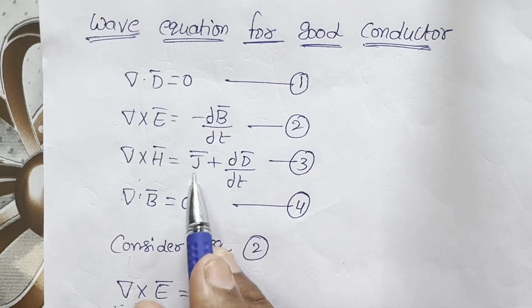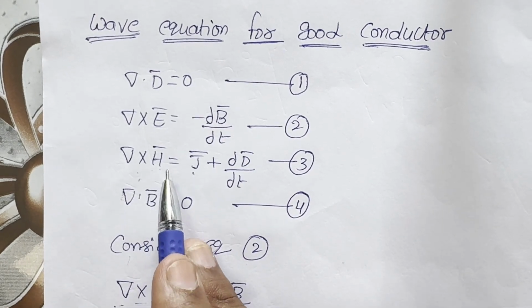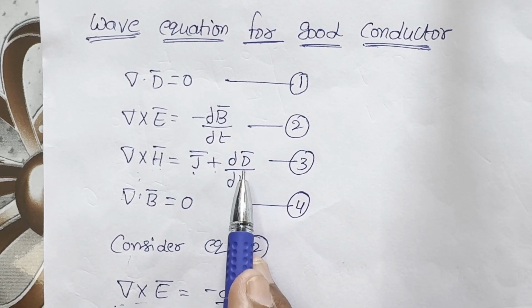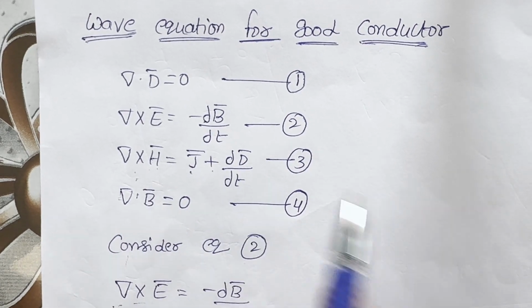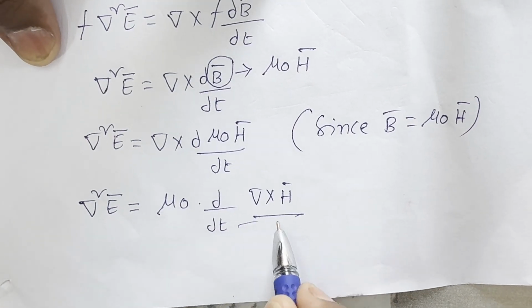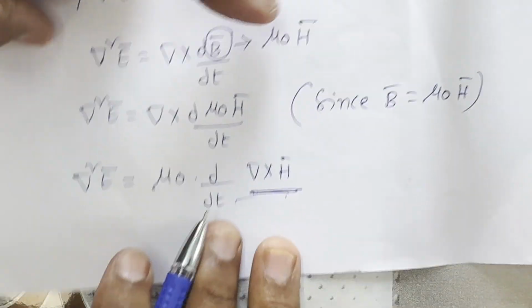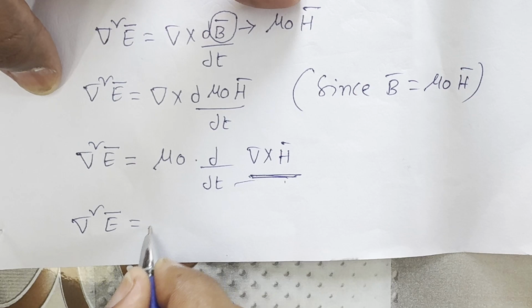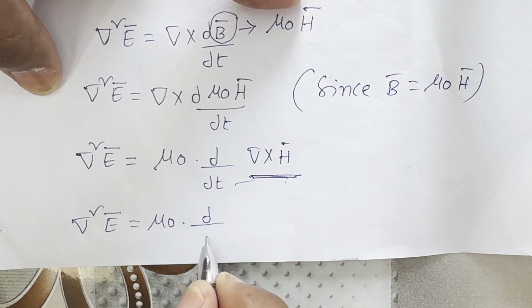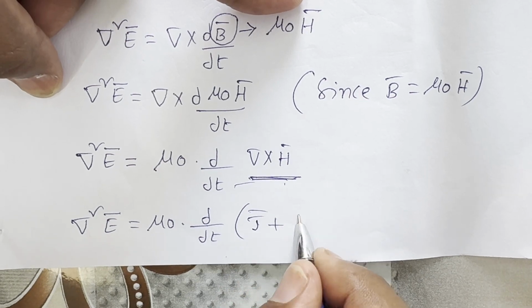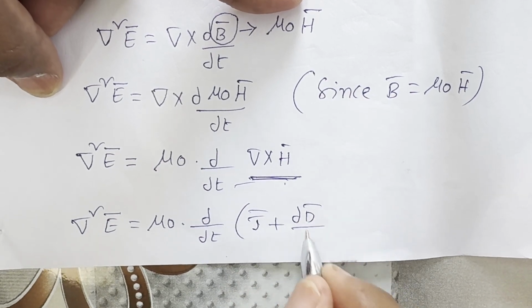Now from equation 3, I have del cross H bar equal to J bar plus dou D bar by dou t. Substituting this value here, del square E bar equal to mu naught into dou by dou t into J bar plus dou D bar by dou t.